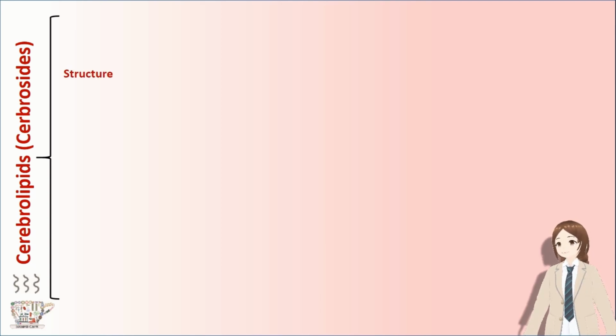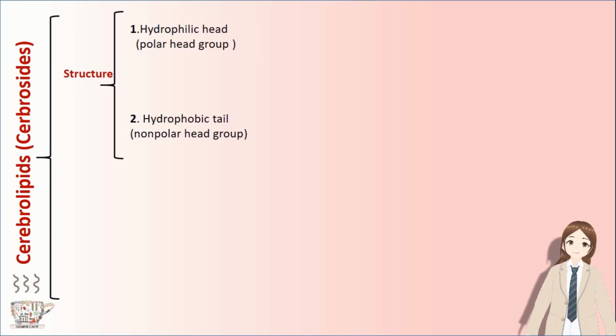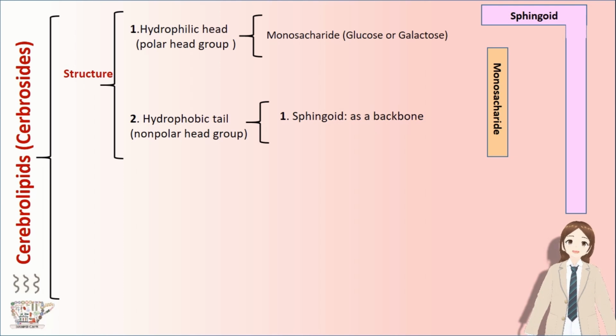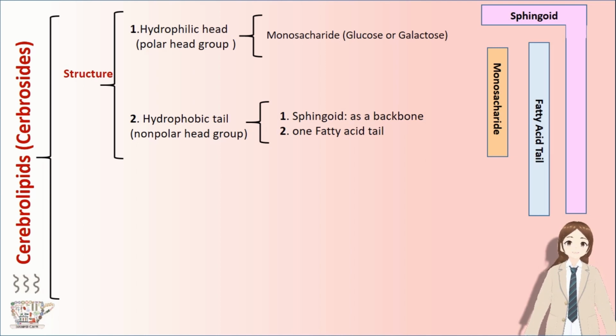Same as the rest, they have two parts in their structure. Hydrophilic head has monosaccharide, glucose or galactose, and hydrophobic tail has sphingolipid as a backbone and one fatty acid tail.